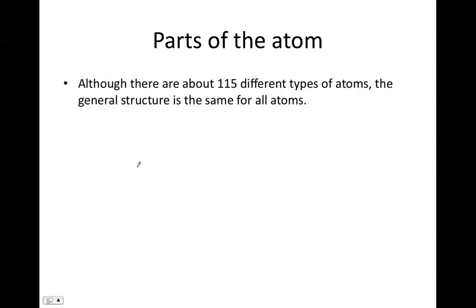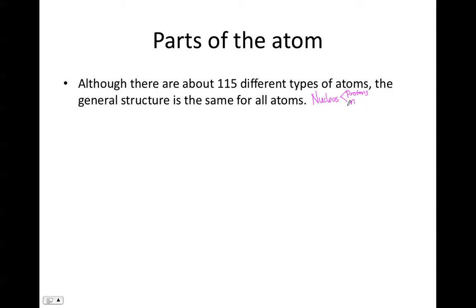There are about 115 different types of atoms that we know to exist. The general structure of them all is generally the same. So basically in an atom, you have a nucleus, which has two types of particles in it: protons and neutrons.